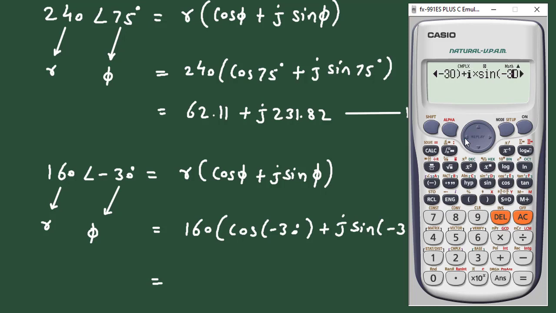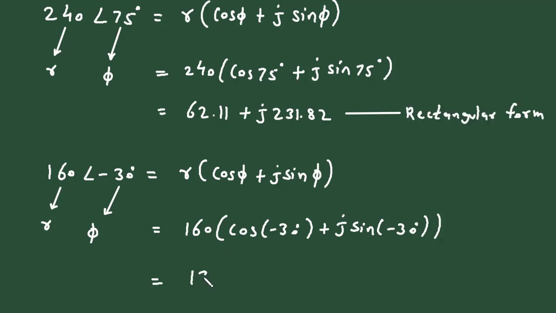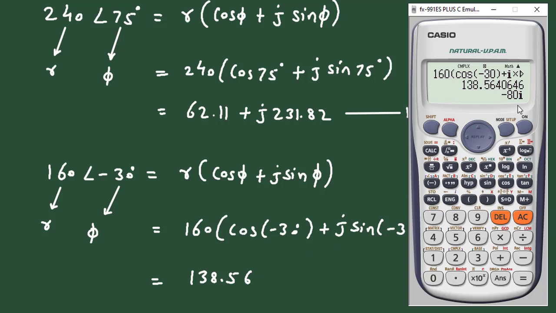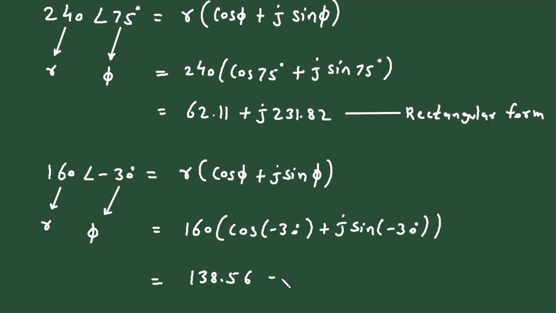So here this will be 138.56, then minus j80.